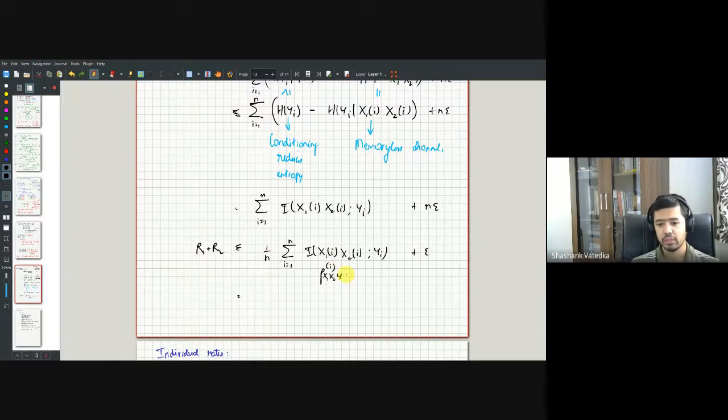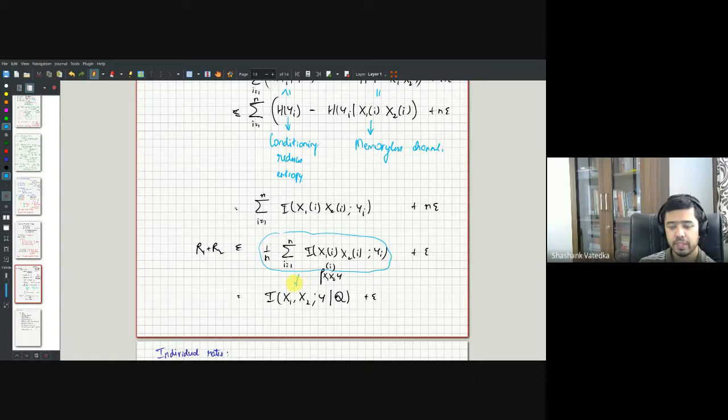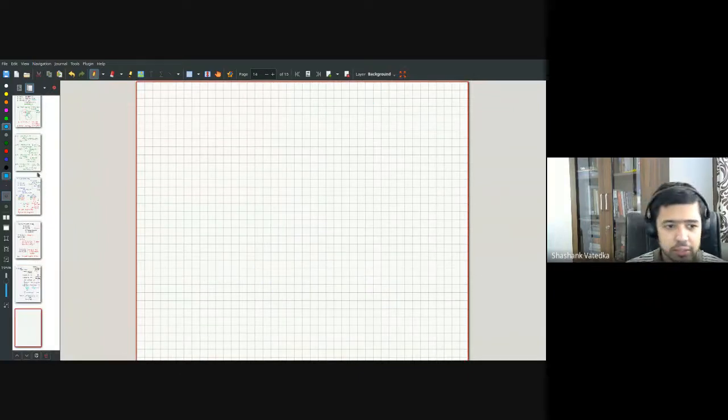So essentially, you can write this as the mutual information between X1, X2, and Y given Q, plus epsilon. So this term is equal to this. Let's just see a quick example to see why that is the case.